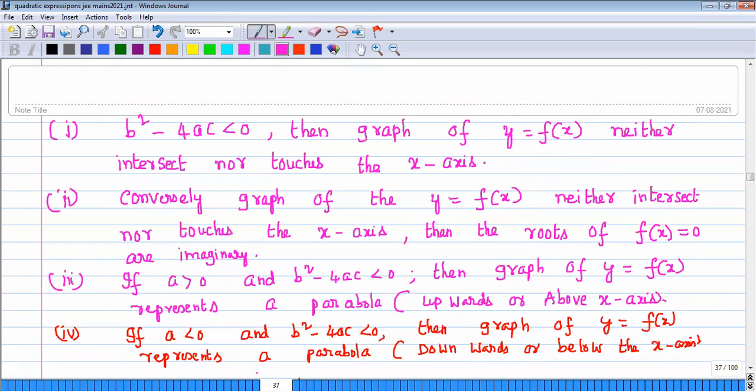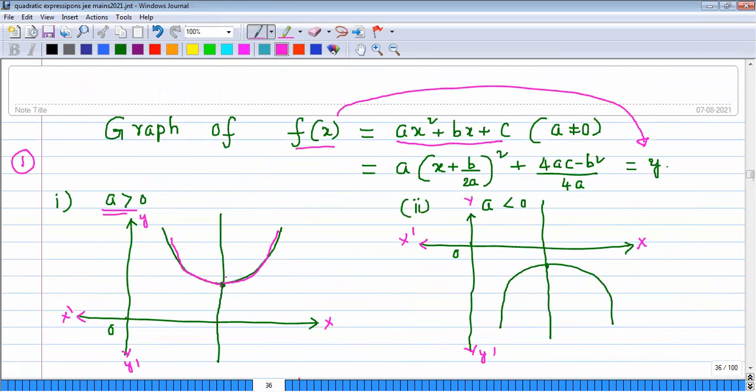One more thing I would like to explain in a very clear manner. See, for example, this is a line. This line is called the line of symmetry. This line is symmetrical about this parabola. It divides the parabola into two equal symmetric parts.